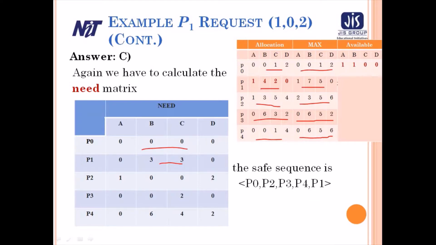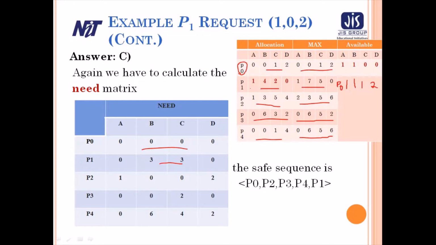After executing P0, our current available is 1112, because we know available equals available plus allocation. P0, after terminating, releases its resources, this 1 and 2 of C type and D type, so they come back to our system. So our system resources now are 1112.